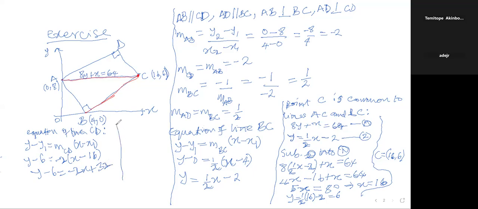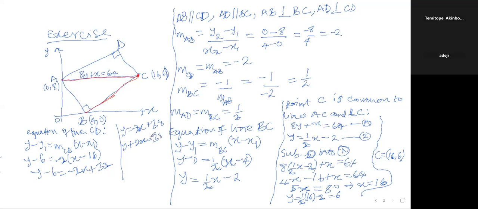So make y the subject, you have y equals minus 2x plus 38. So that's the equation of line CD.